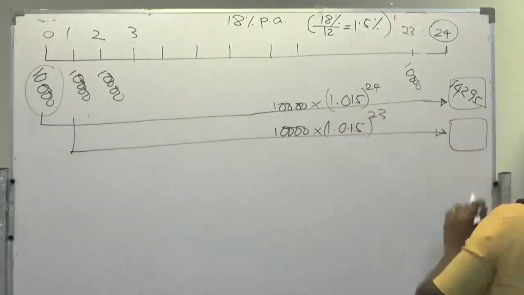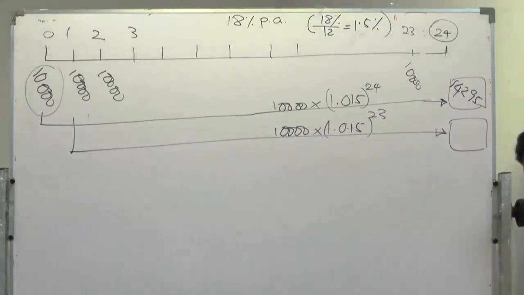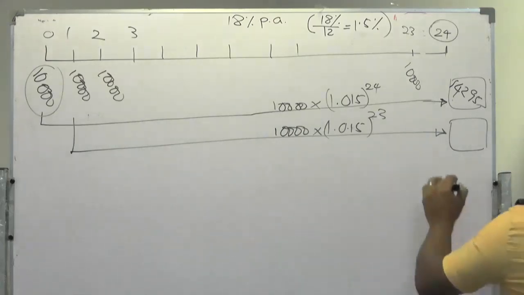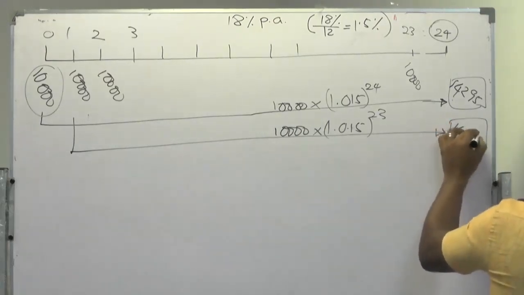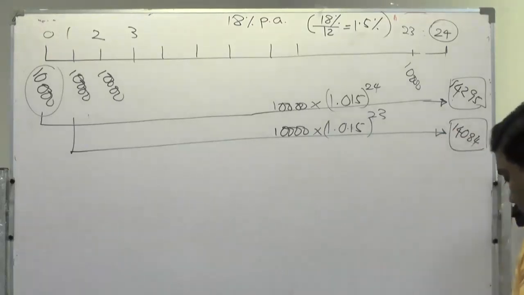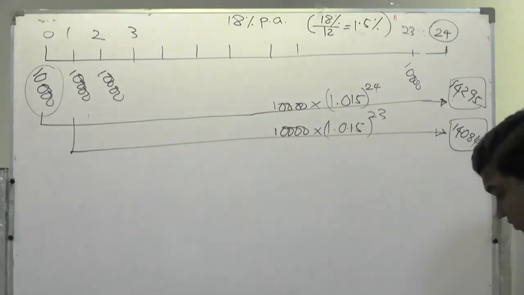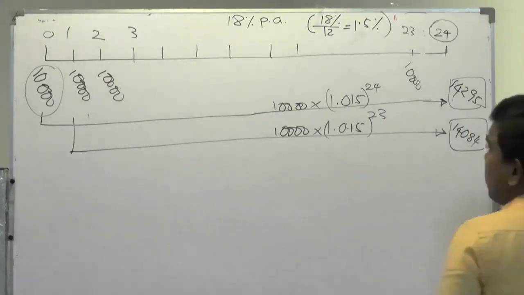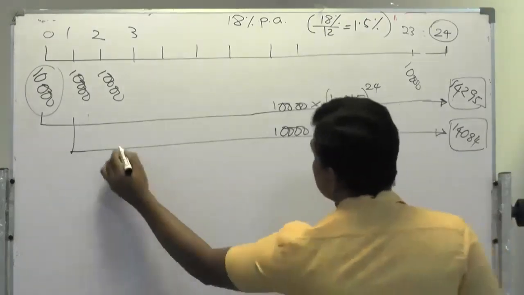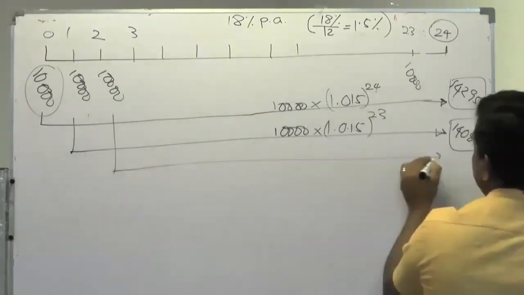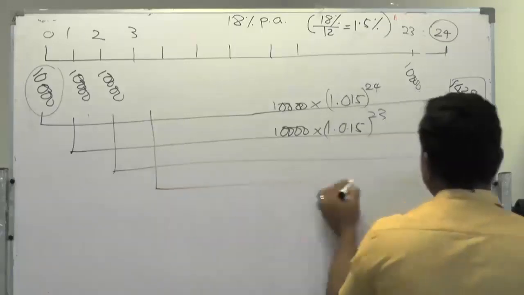What is the total value you can collect? 14,084. Likewise, you need to calculate this for all the months.